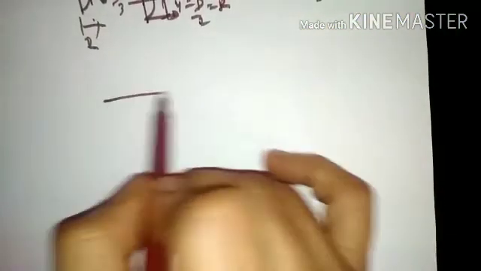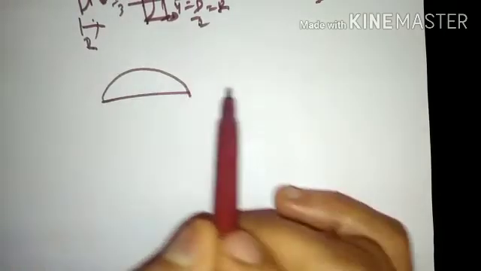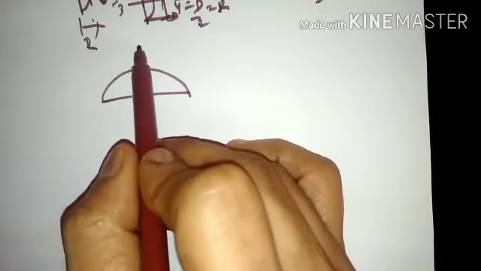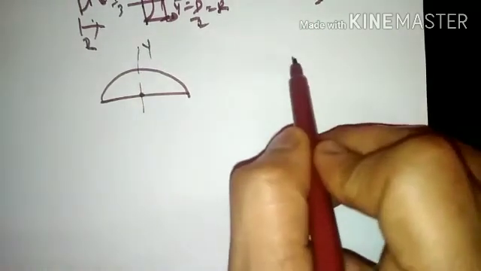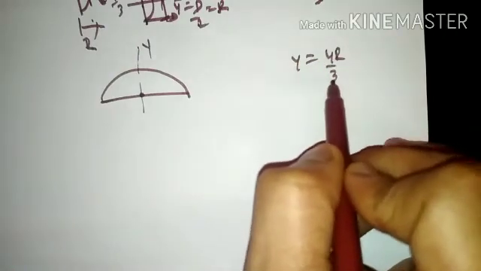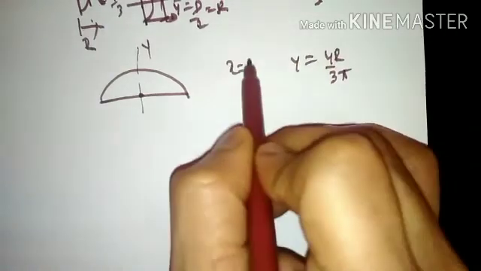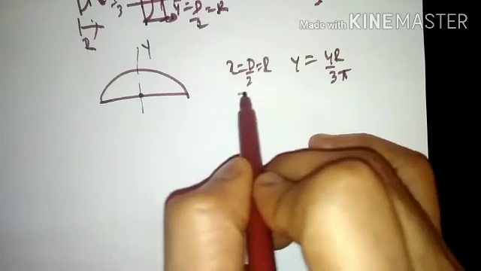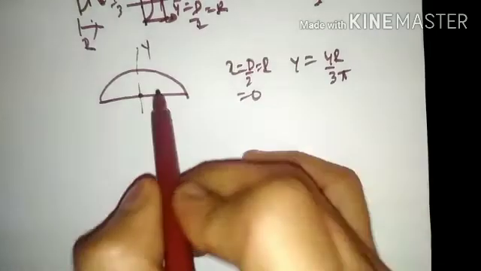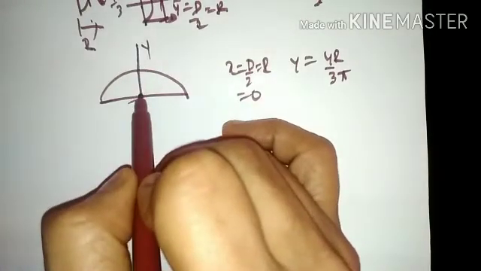The same semicircle can have a projection in the upward direction also. If it is symmetric about the y-axis and the origin is considered here, then y bar would be 4r by 3 pi and x bar would be either d by 2 or r or 0. Now 0 indicates it has been located at the midsection.